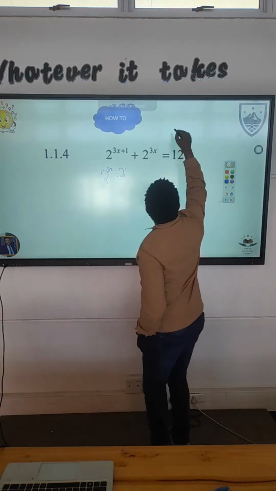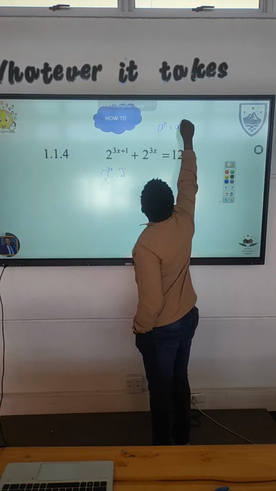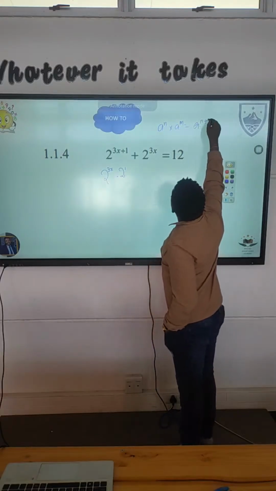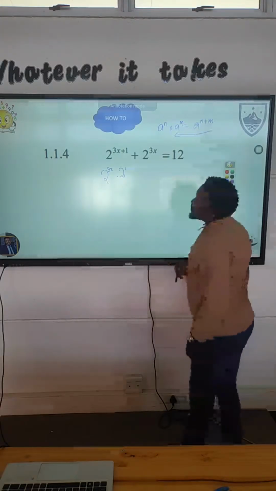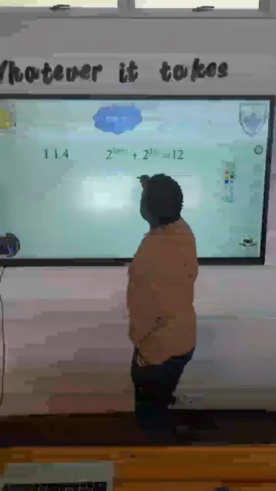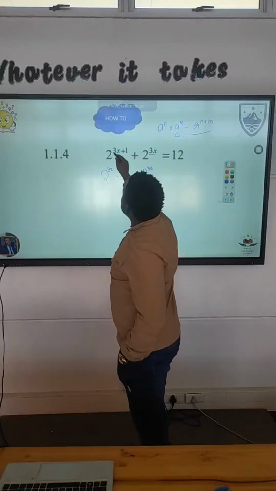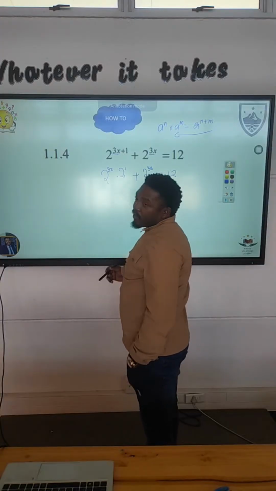This comes from when you say a to the power of n multiplied by a to the power of m: because they have the same base, you keep the base and you add the exponents. So we're actually going backwards. And then plus 2 to the power of 3x, because I can see a 3x this side and 3x this side. I will try to take out a common factor.